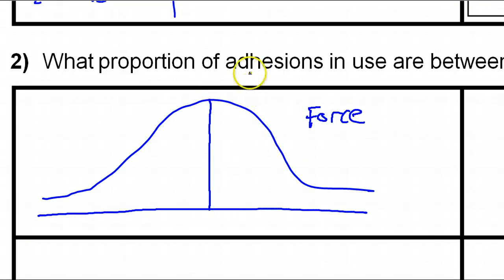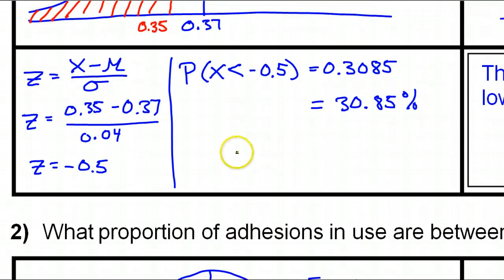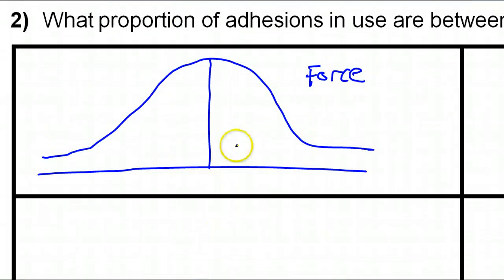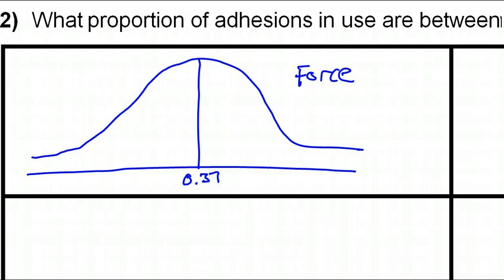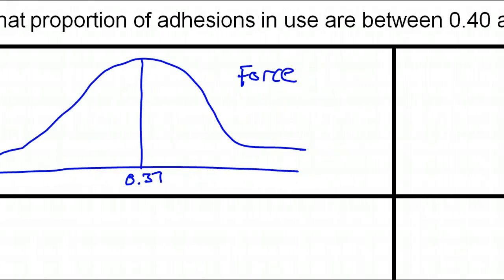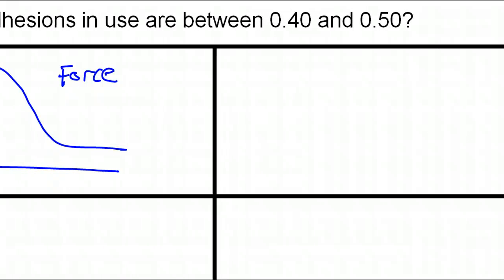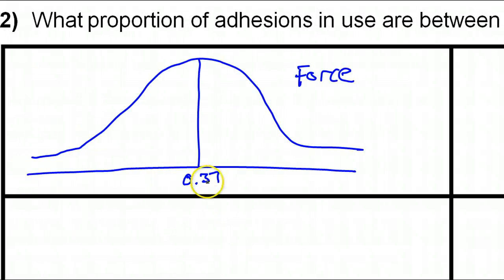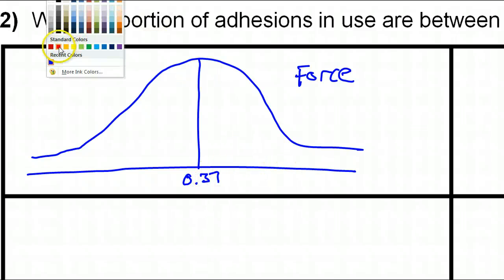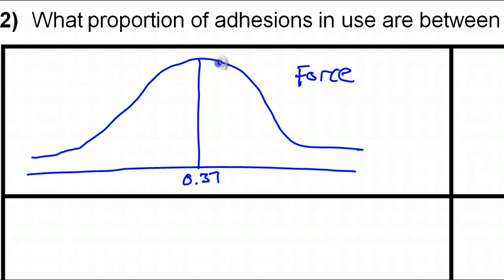Alright, the mean is not changing, so the mean is still 0.37. Let's see, both 0.40 and 0.50 are to the right of this.